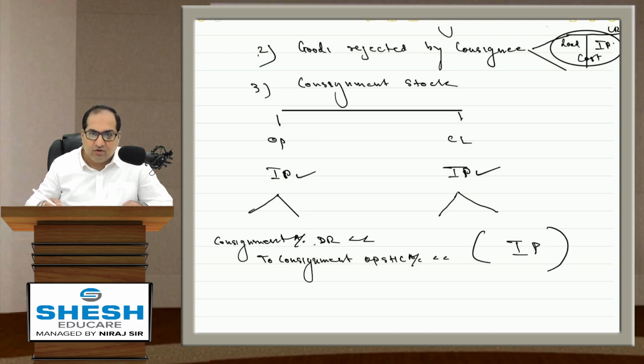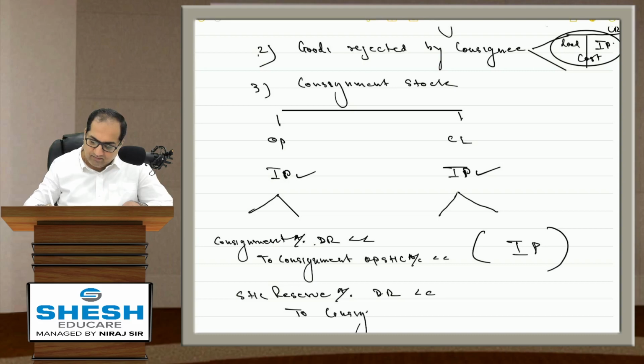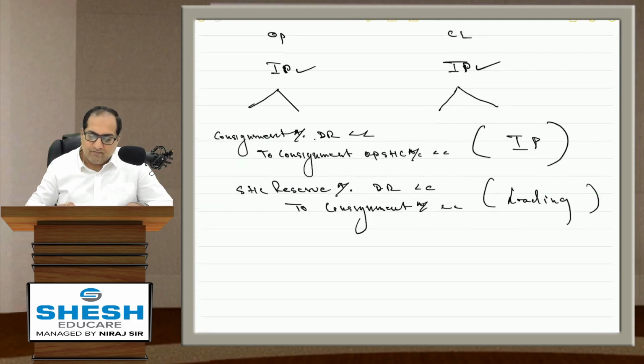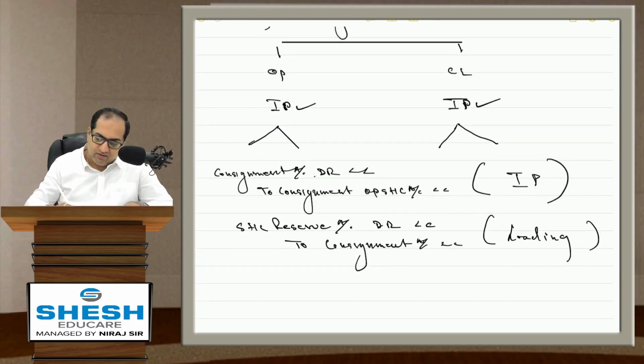So immediately we'll reverse the loading element by passing the entry: stock reserve account debit to consignment account. This is loading. In case of closing stock, it is consignment account debit to consignment stock account.